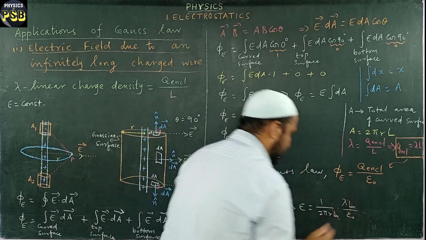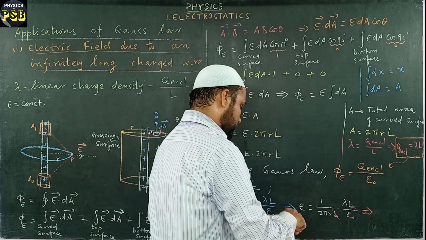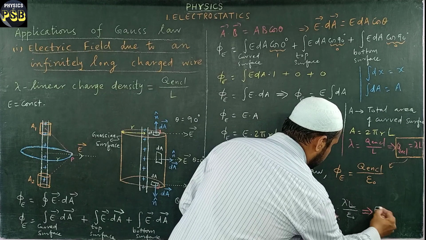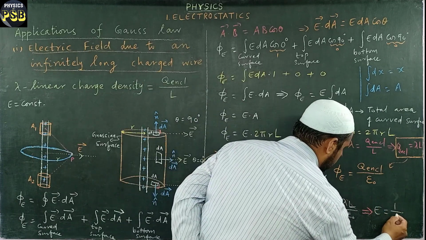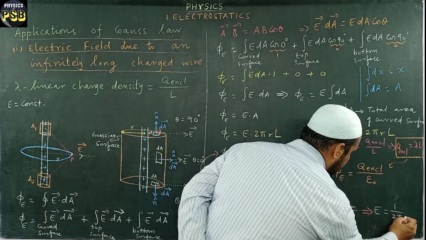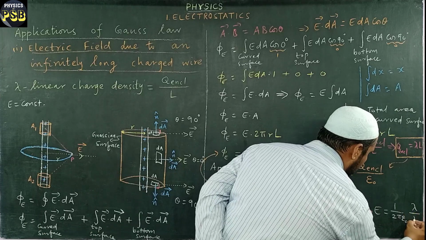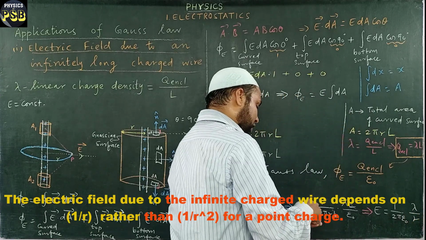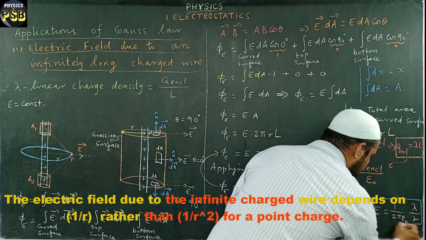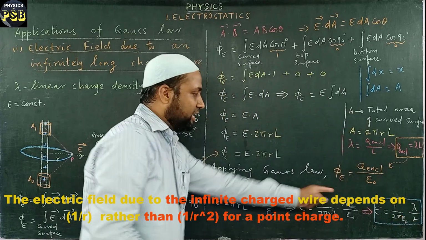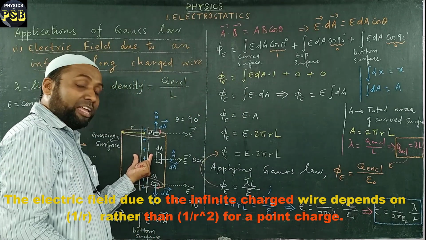L and L get cancelled. And what remains here is nothing but this. E is equal to 1 upon 2 pi epsilon naught, lambda upon r. This is the final expression that provides us the electric field due to an infinite long charge carrying wire.